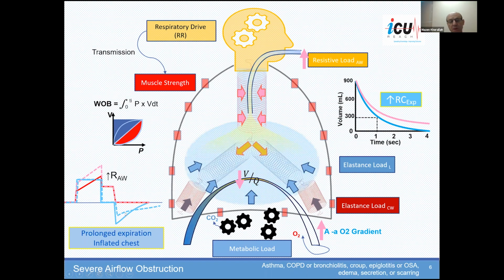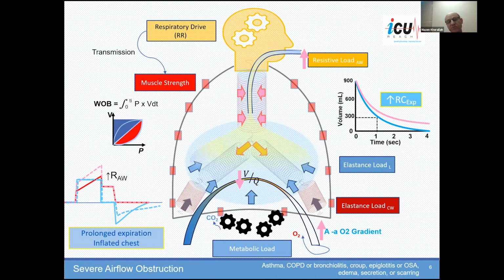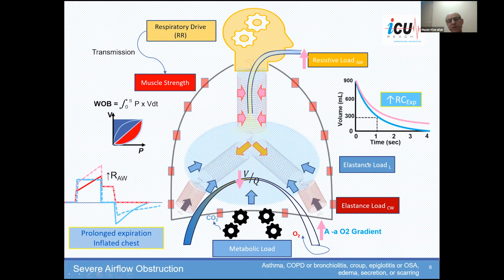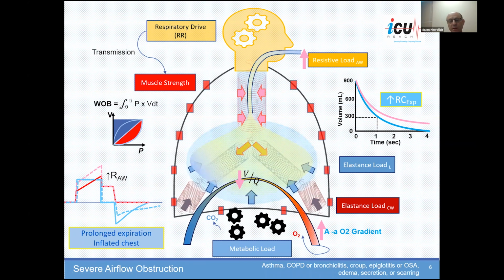It takes longer for the patient to exhale and go back to zero before the next breath starts. And that's what you need to pay attention to when you put the patient on the ventilator, to allow enough time to compensate for that increased time constant, so he would exhale all the way before the next breath.